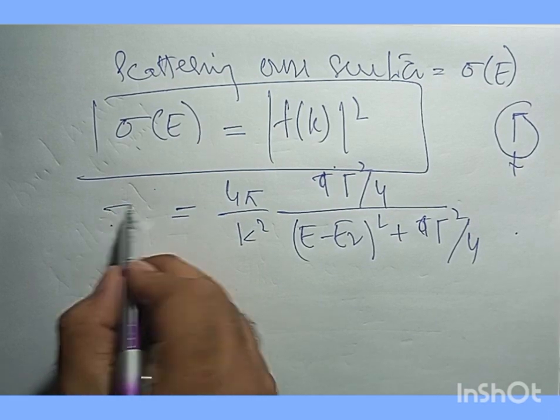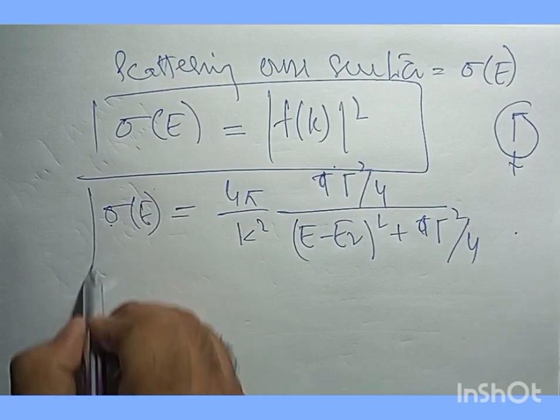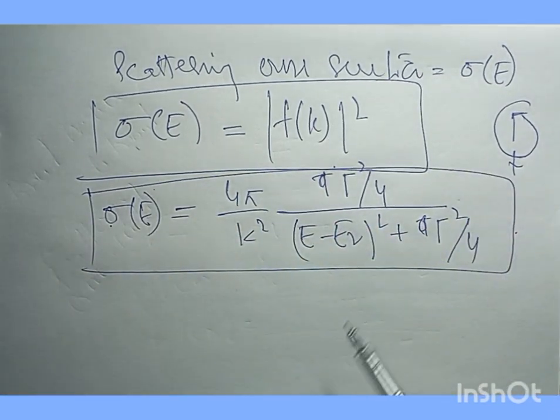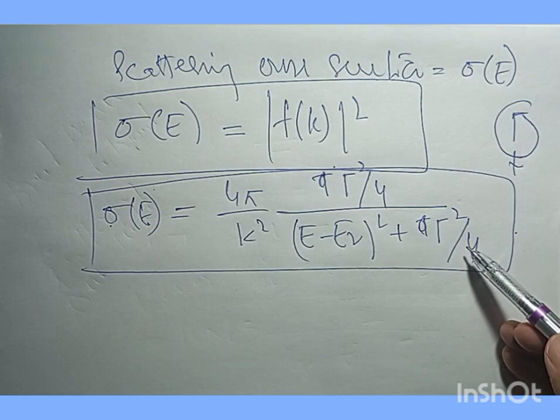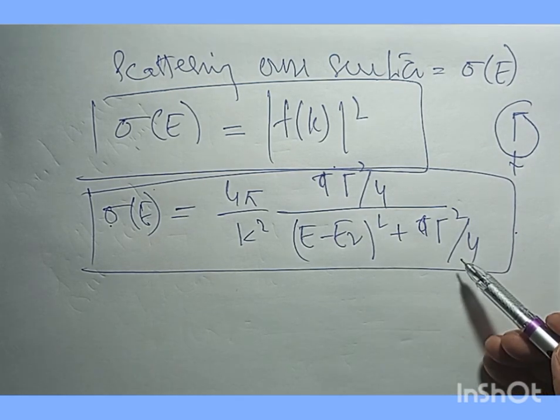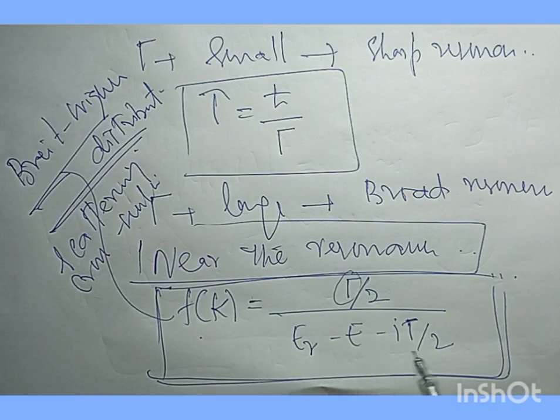Now, we are calculating our cross section in terms of the resonance energy and the resonance width. Previously we calculated the scattering amplitude in terms of the resonance width.